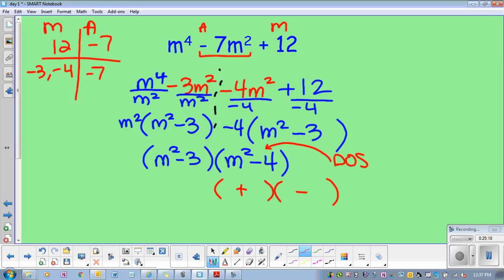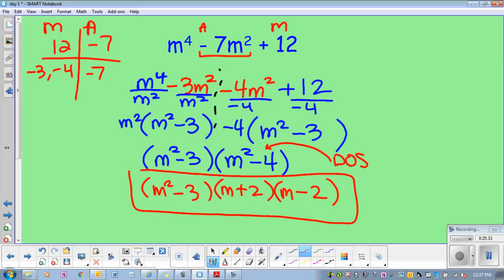What's the square root of m squared? m. What's the square root of 4? 2. And then you can't dose m squared minus 3, so just bring that down. Remember, the point of factoring is to get it down to the most simple, basic factors. You've got to keep going if you can. So if you skipped ahead, please make sure that you dose this out.